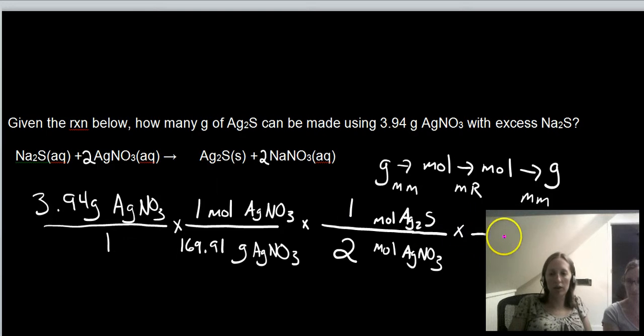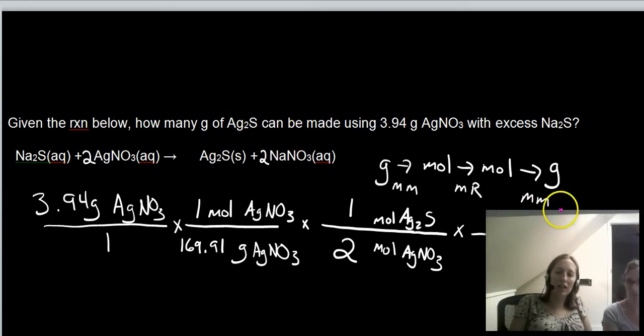All right, just one more. Bring down your unit. And that's going to be molar mass again. So the molar mass of Ag2S, that's 1 mole, has a mass of some number of grams of it, which should make you happy because it says how many grams can be made.